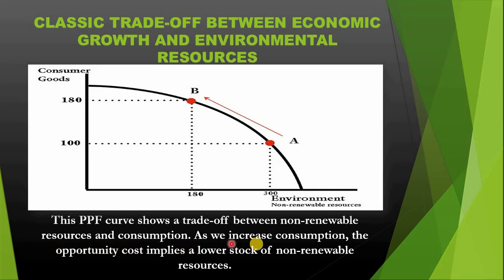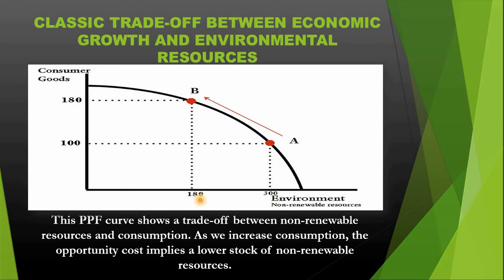As we increase consumption, look at this picture very carefully, the opportunity cost implies a lower stock of non-renewable resources. When consumer goods increase from 100 to 108, the non-renewable resources decrease from 300 to 108 also.